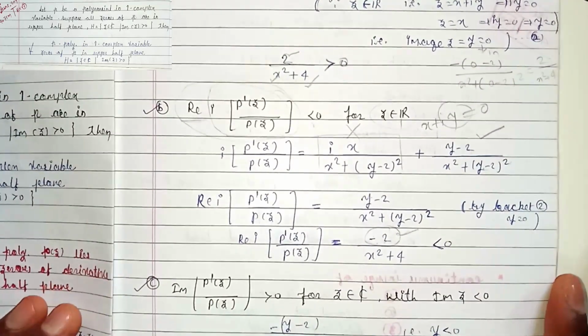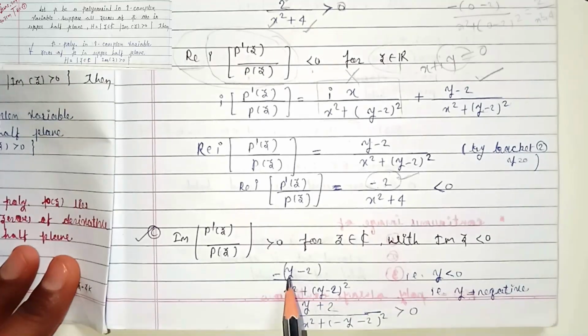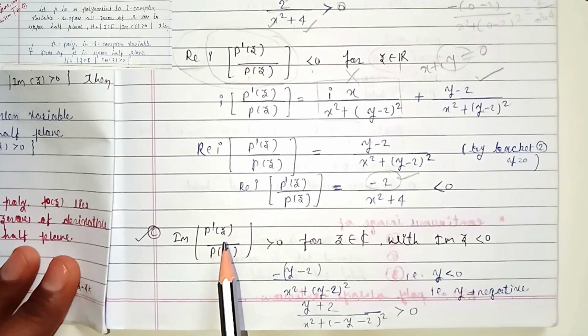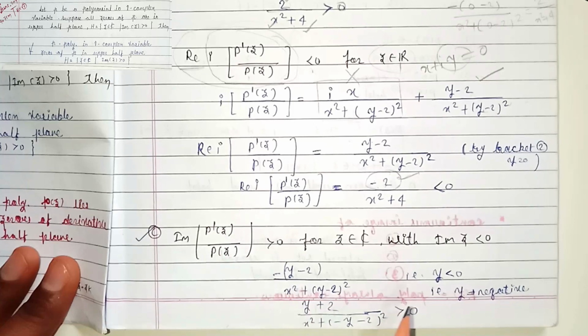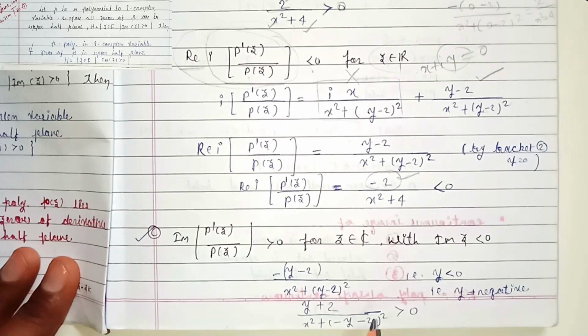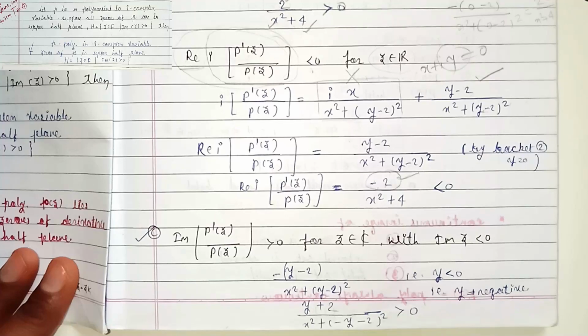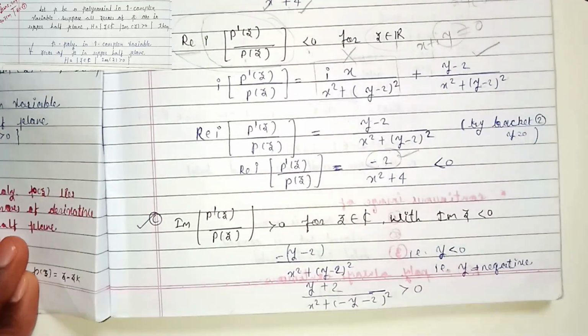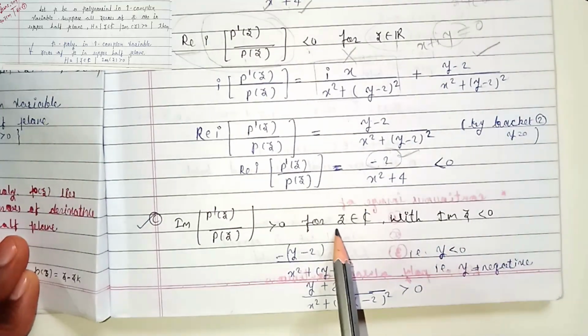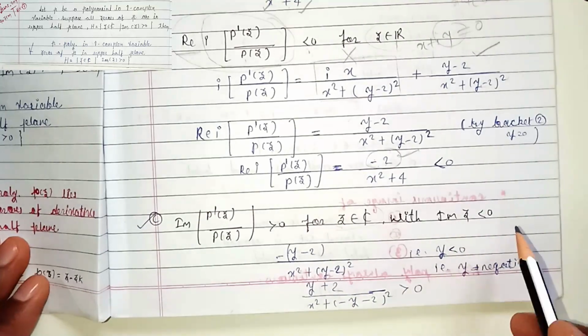So here we can see our question's next condition: the imaginary part is bigger than 0. So minus of y minus 2 upon x square plus y minus 2 bracket square is bigger than 0. Multiplying by the negative under the bracket, you will get the positive sign, or you take it downside. Now we have one more condition here. We can take z as any complex number, but the imaginary part of z is smaller than 0.